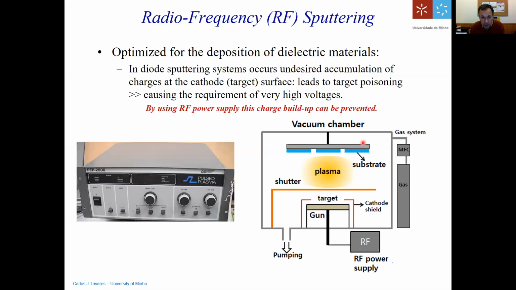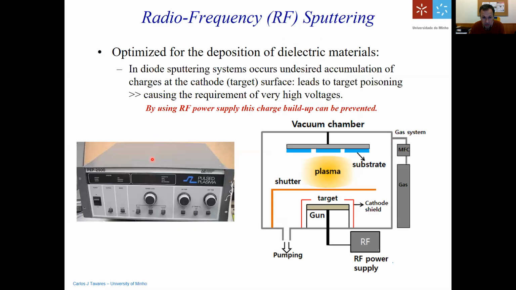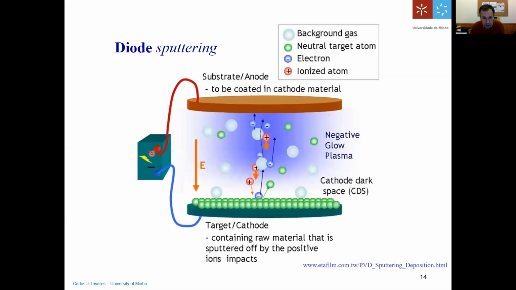So if you look now at this process that I'm showing you here, it's alternating current, but it's provided by a radio frequency sputtering. So what's happening is that instead of having DC, we have alternating current, which means that this positive and negative is changing with time. And if you use, for example, this kind of a generator, it can change between positive and negative 13.5 million times per second.